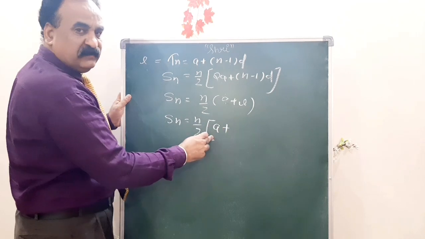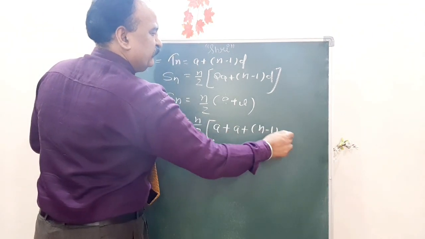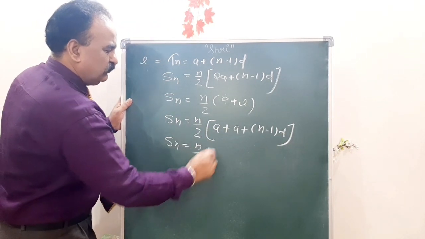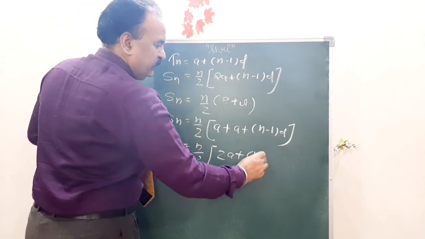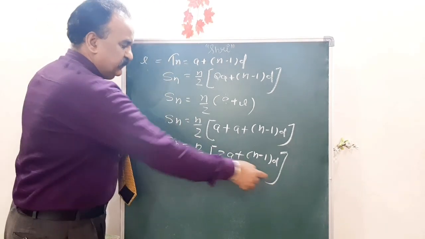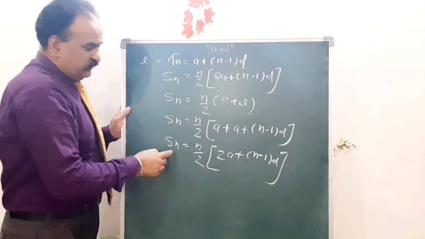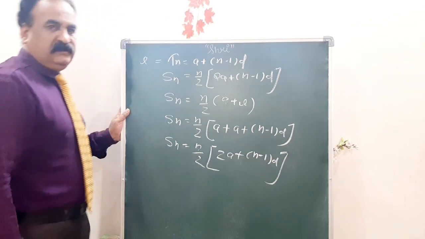It means a is the first term, and the last term is a plus n minus 1 into d. So Sn is equal to n by 2 into bracket a plus, that is, 2a plus n minus 1 into d. This is the formula of the sum of n terms which you got right now. Sn is equal to n by 2 into 2a plus n minus 1 into d.